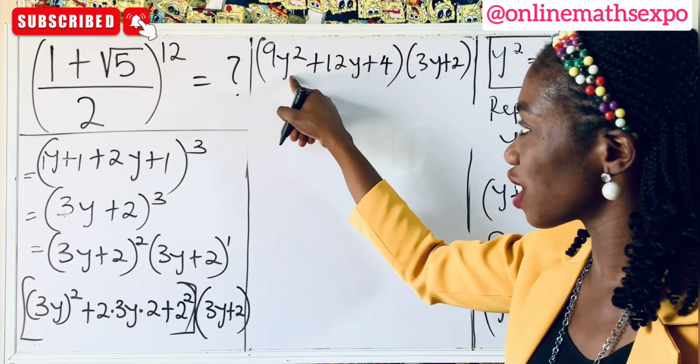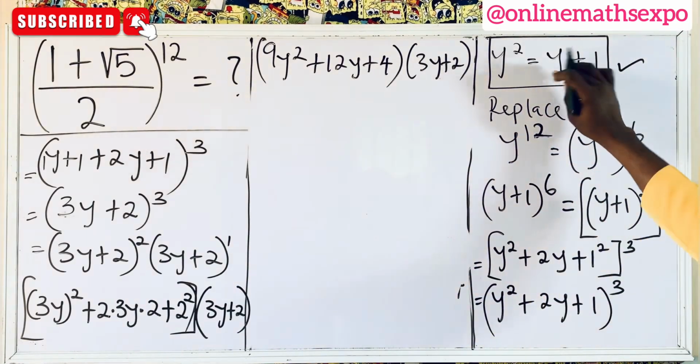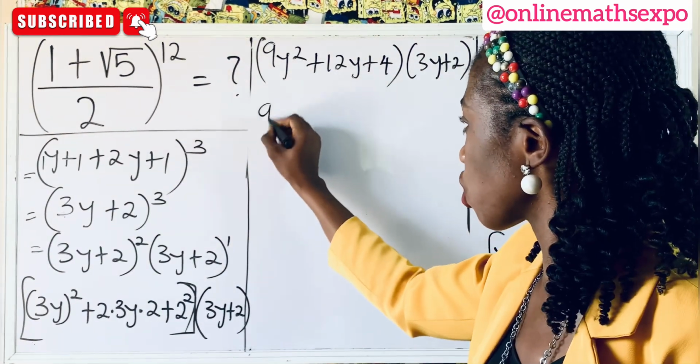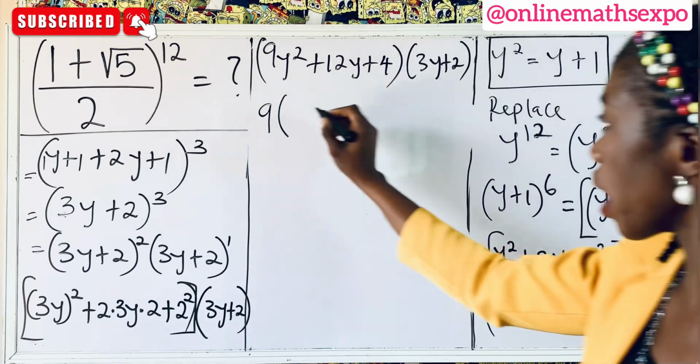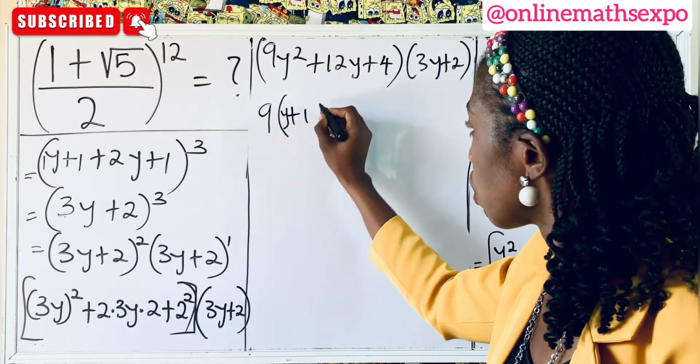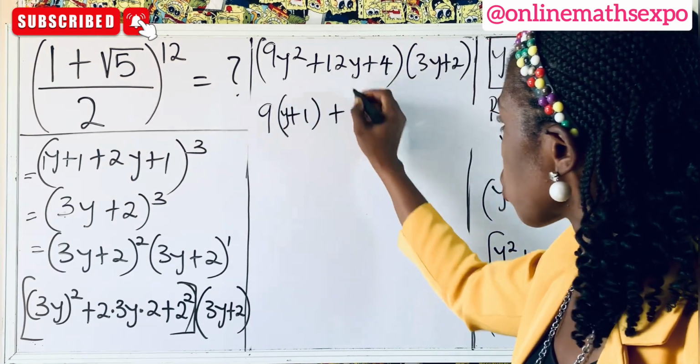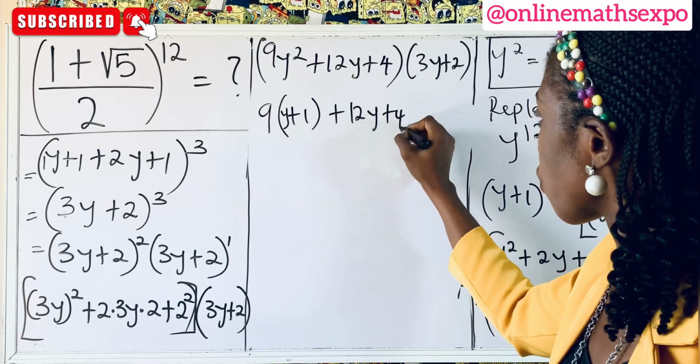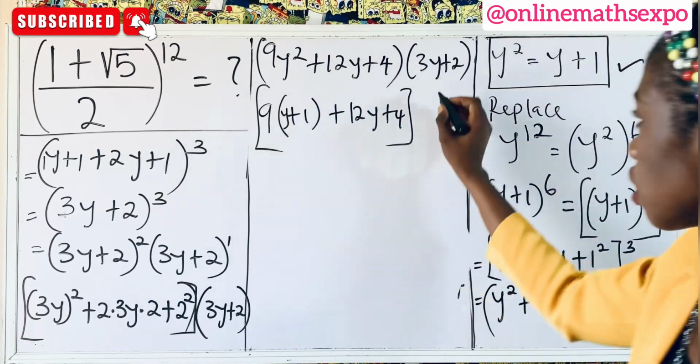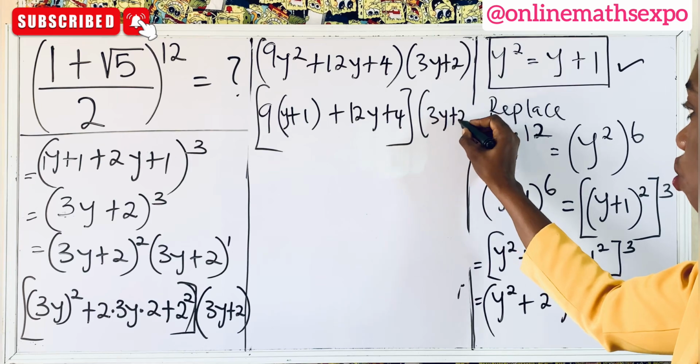Then multiplying by 3y plus 2. You see we've gotten another y squared, so let's replace with what we have here. This is going to give us 9 into (y plus 1), then plus 12y plus 4, into (3y plus 2).